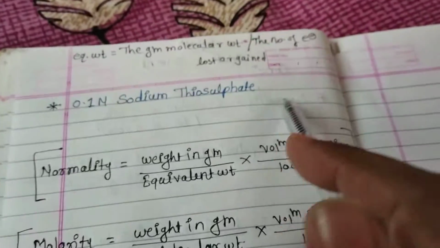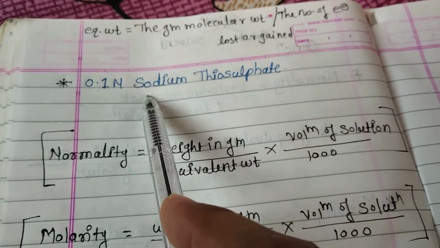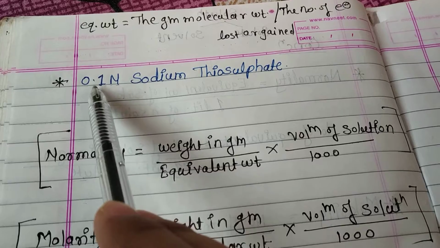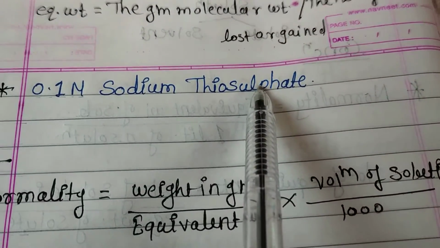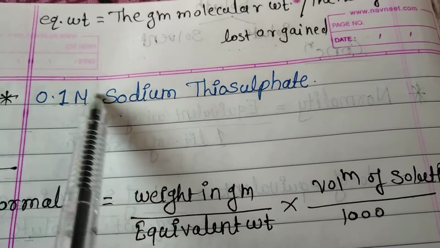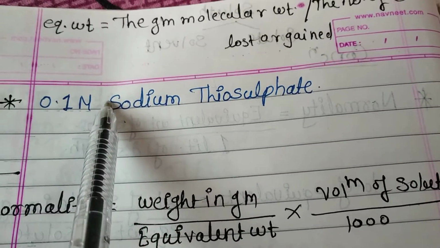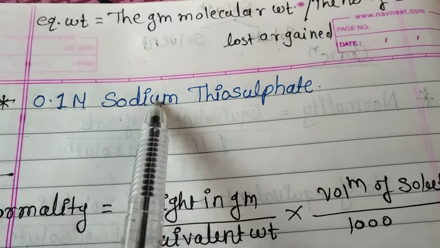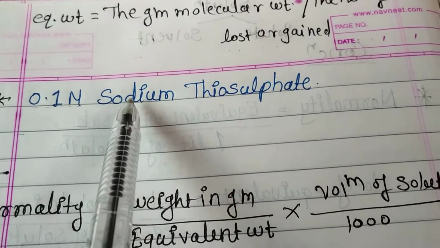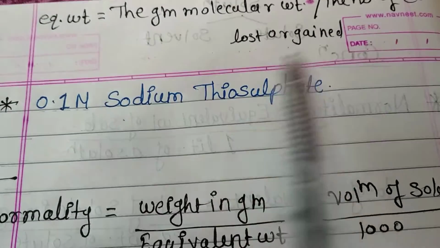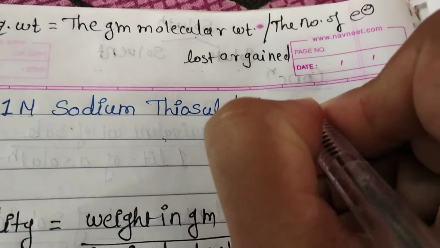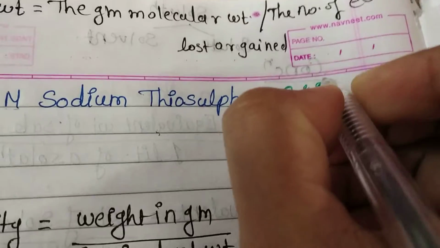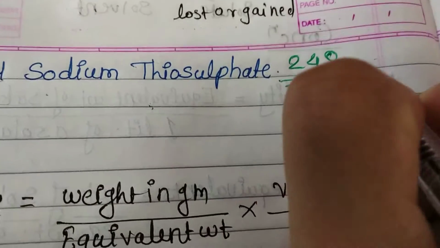Again the next type we consider is preparation of solution. We have to prepare 0.1 normal sodium thiosulfate solution. So here we have to prepare a normal solution. When we prepare a normal solution, we have to consider the equivalent weight of the substance. Here the molecular weight of sodium thiosulfate is 248 and its equivalent weight is also 248.